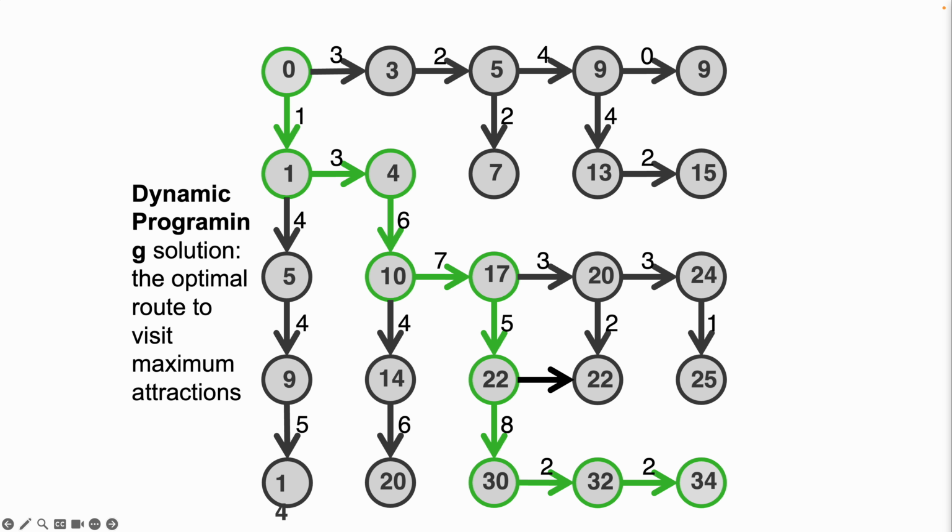Those backtrack pointers, though, that we've stored give you this record of going through not the maximum edge, but the maximum node value at every step, okay? And so this gives us the optimal solution, just like recursion did, but now on a time scale that is computationally feasible, okay?